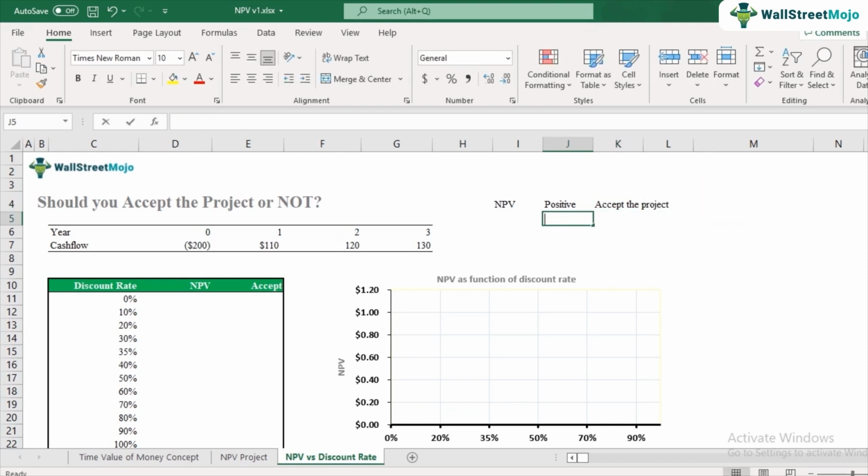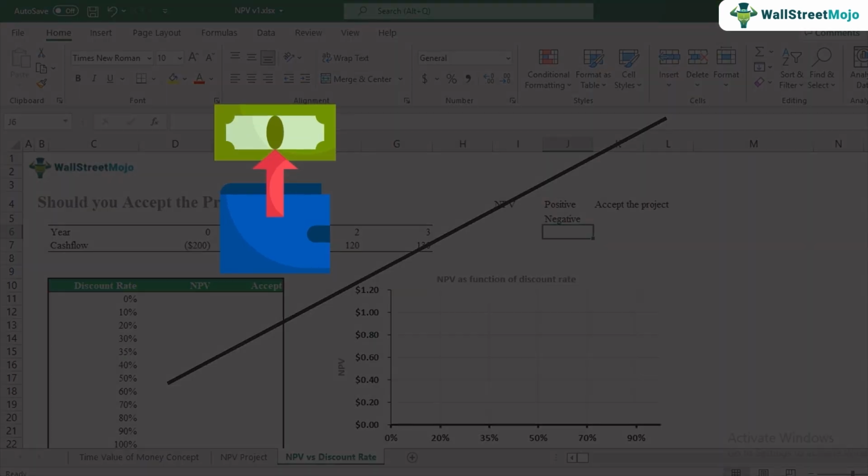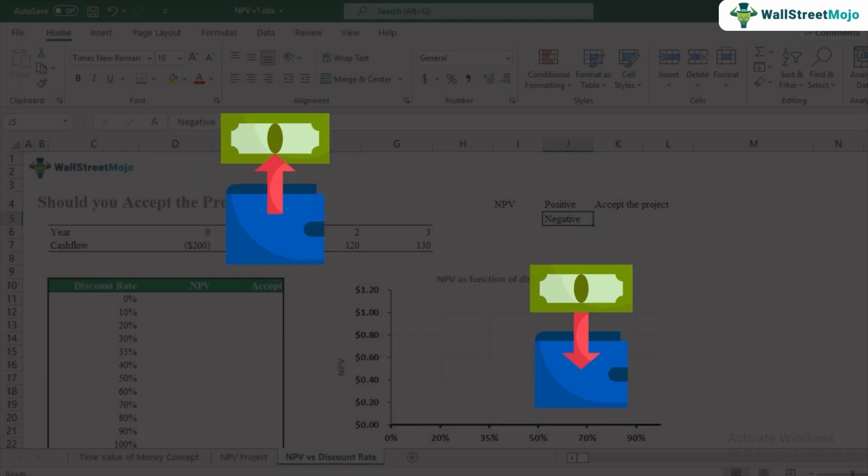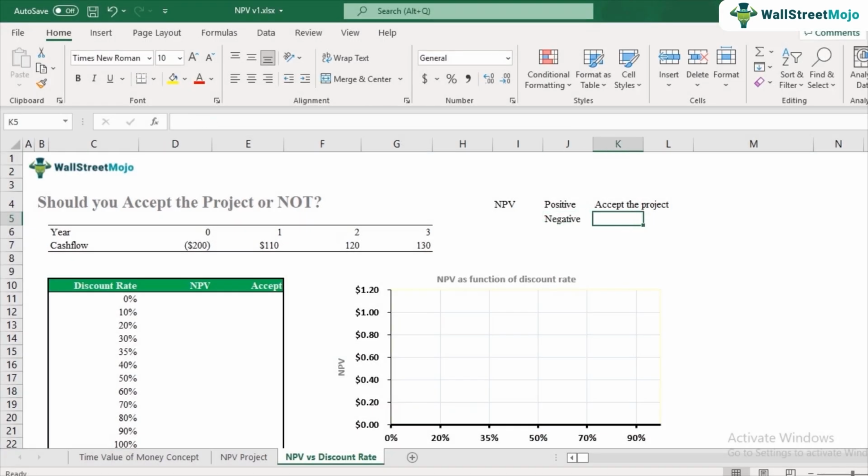On the other hand, if it is negative, which means your present value of all your expected cash inflows is less than your cash outflows, resulting in your negative NPV. This simply means that's a lose-lose situation. You shouldn't invest in the project and you should decline the project. All right. So that's how this NPV basically works. Simple rule of thumb: positive, accept it; negative, decline it.